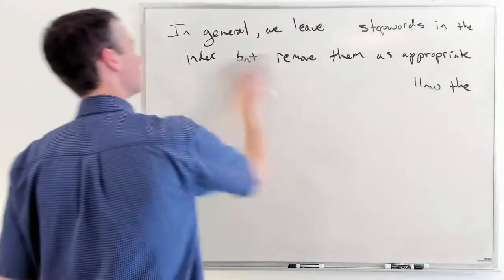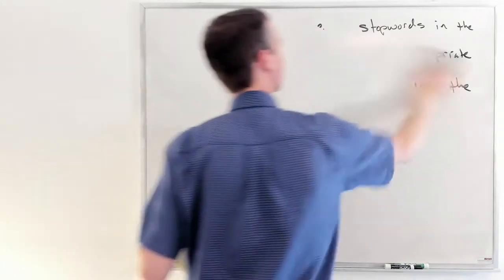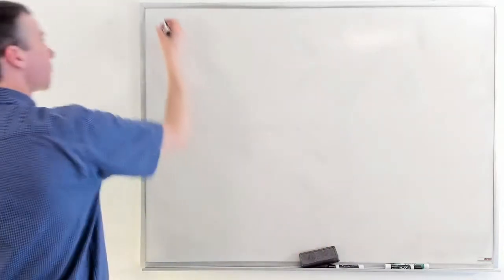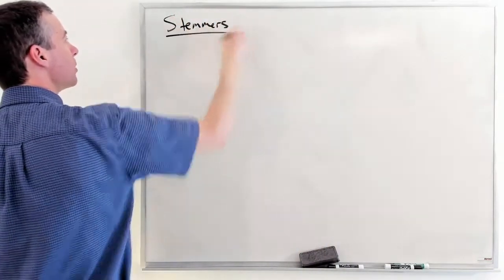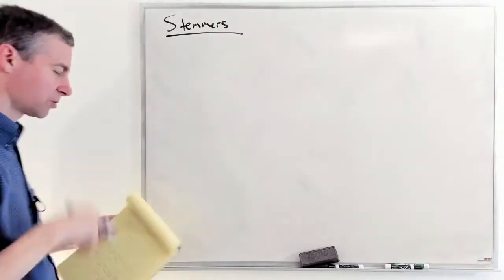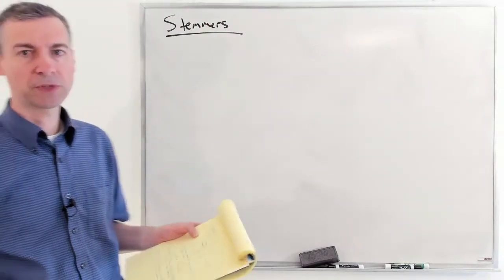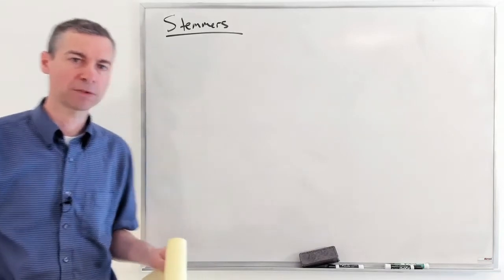Now, what about this stemming? There are two big ones that we see in research. Certainly, web search companies have their own proprietary stemmers.